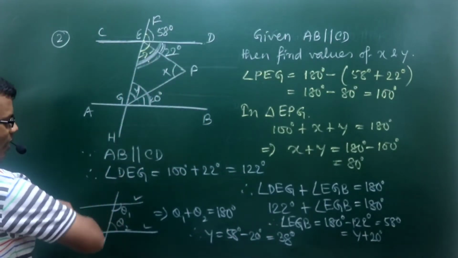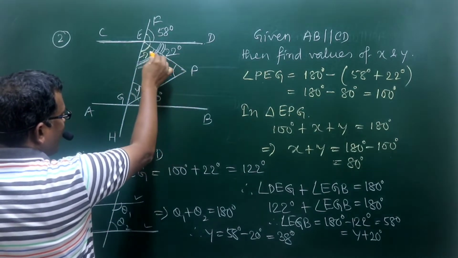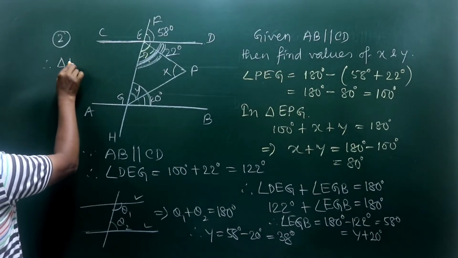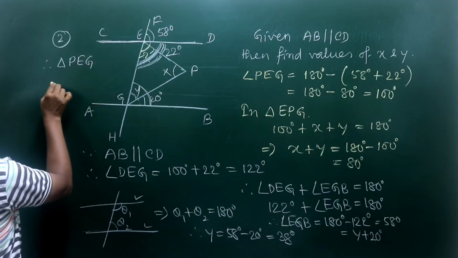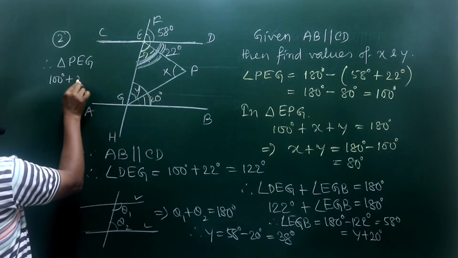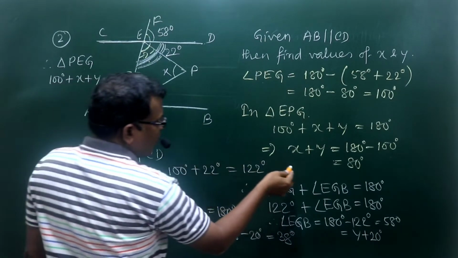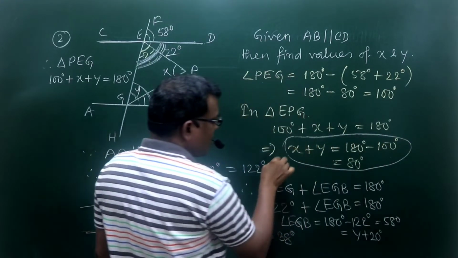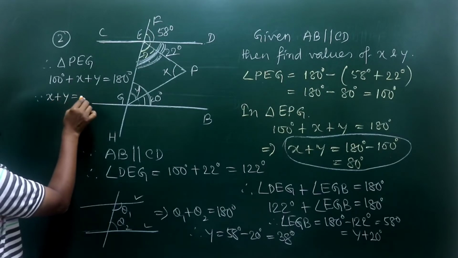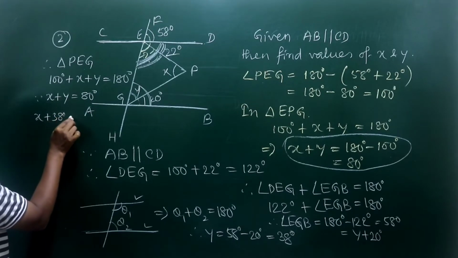And after knowing y equals 38, and this is known as 100, I can refer to the triangle. Therefore, in triangle PEG, can I write down 100 degrees at vertex E, plus x plus y is 180 degrees, or we can further use the relation we have already got, that x plus y is 180 minus 100, that is 80 degrees, out of which we are getting y as 38 degrees.